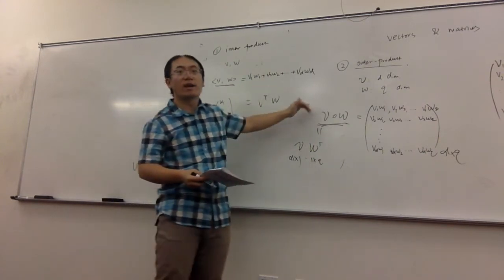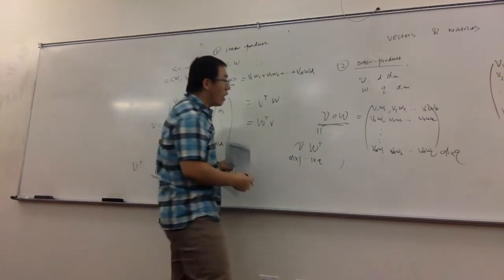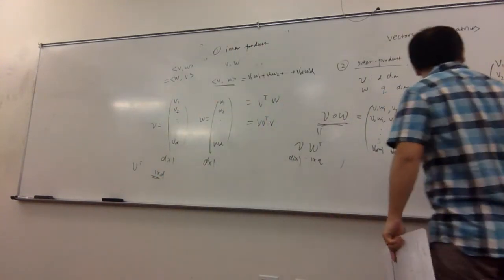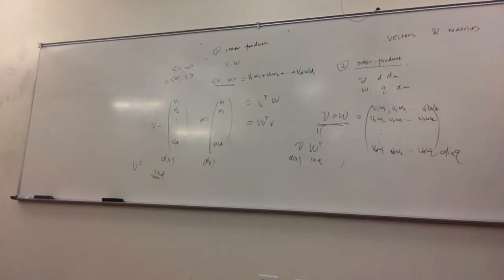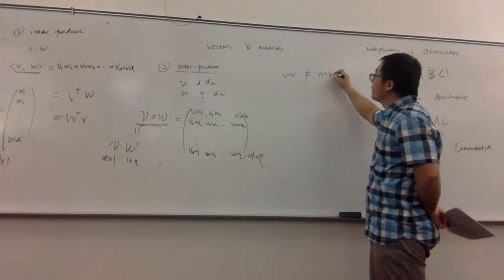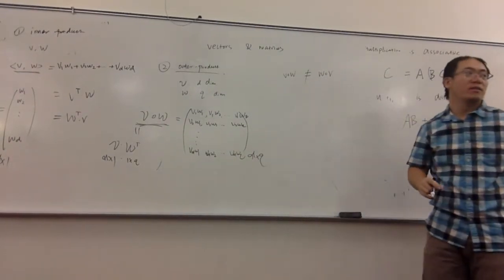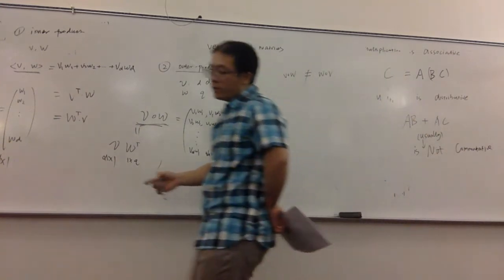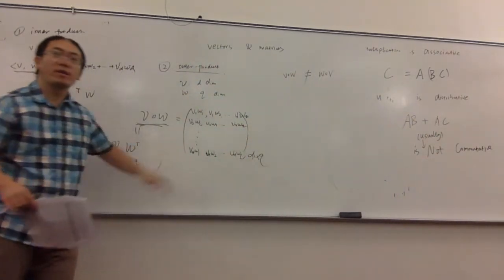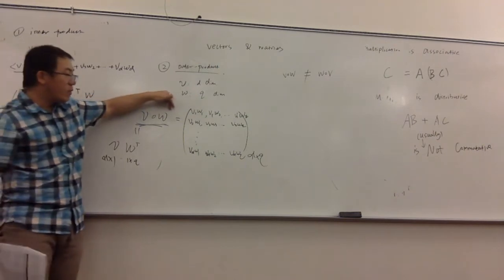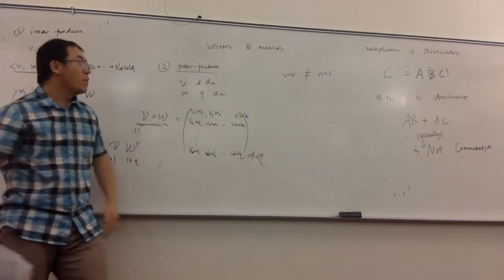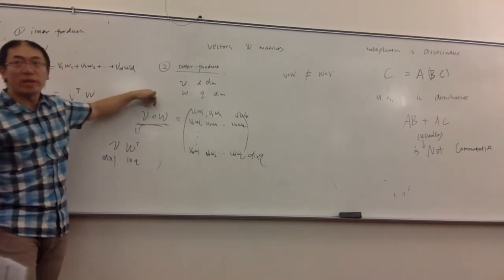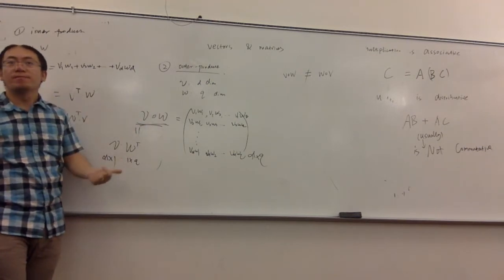But for the outer product, the outer product between V and W is usually not equal to the outer product between W and V. Why? You can just check it with the size, right? So V outer product with W is a D by Q matrix. But if you do W outer product with V, it's actually a Q by D matrix. So it's different.